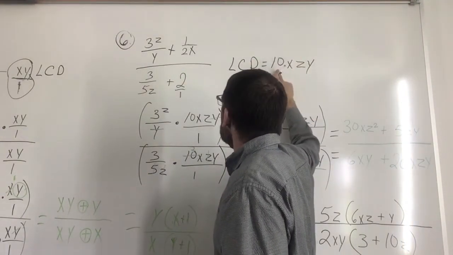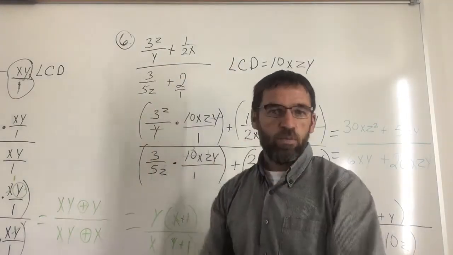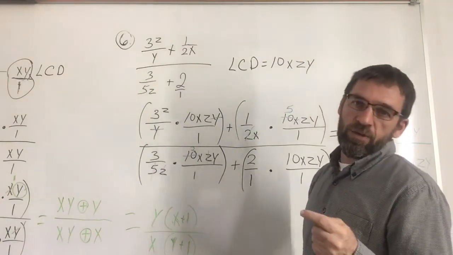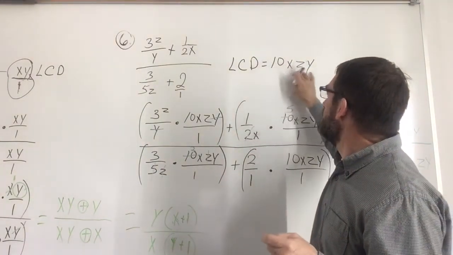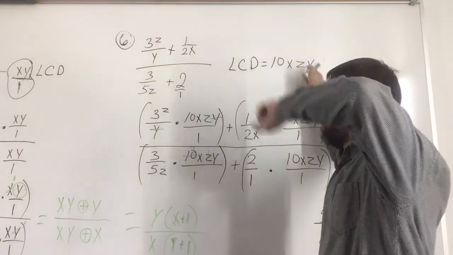Now you're going to be able to see now. And you've got an x, you got a z, and you got a y. So you simply have to put all those in. So your least common denominator is 10xzy. Okay?